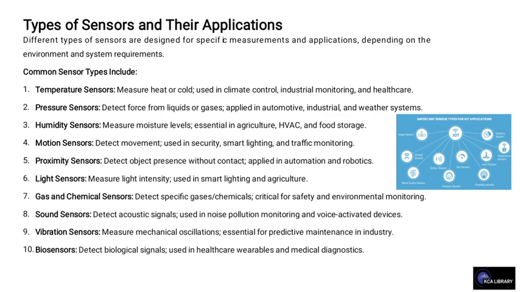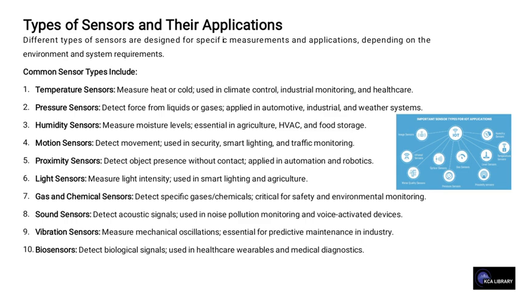We have proximity sensors, which detect object presence without contact, applied in automation and robotics. We have light sensors also, which measure light intensity, and are used in smart lighting and agriculture.